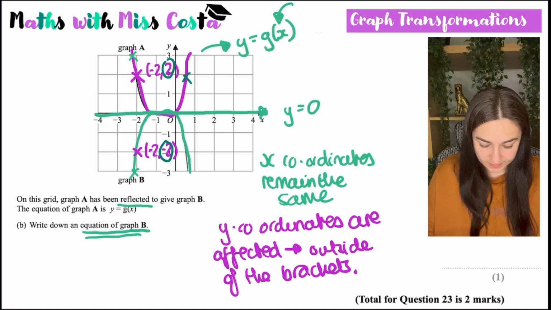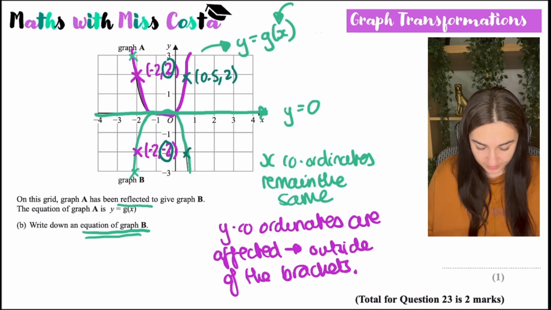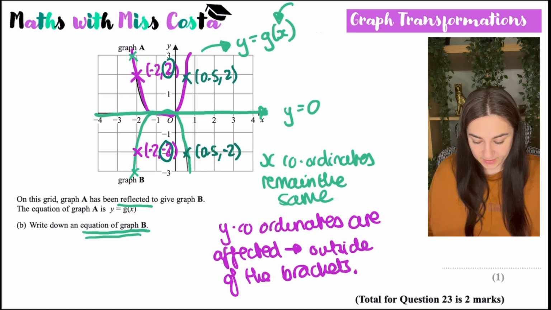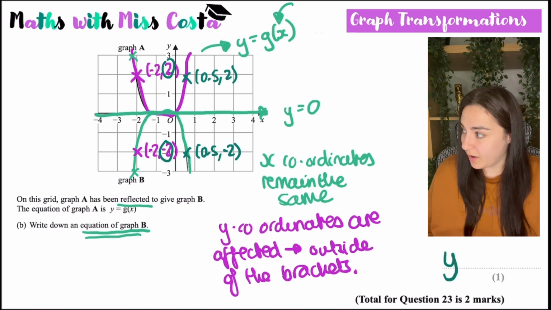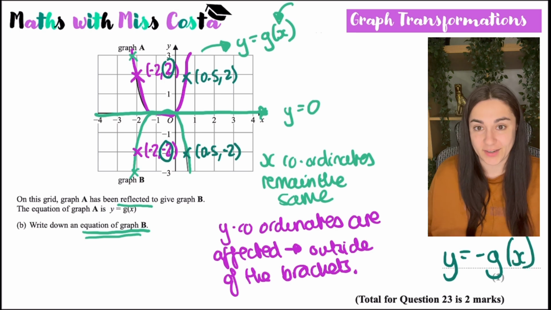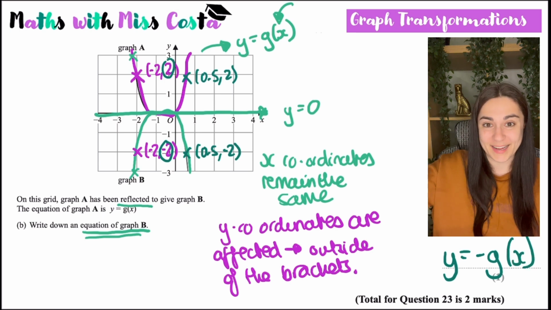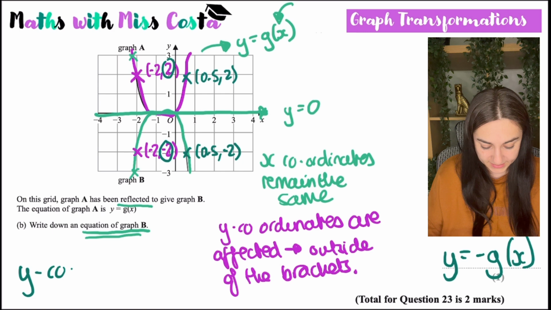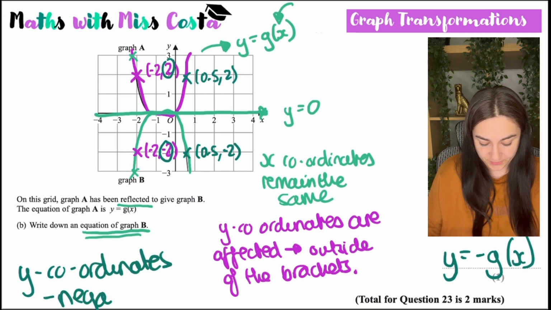Over here, that would be 0.5, 2, and then over here is 0.5, -2. So the equation of the graph is going to be y equals minus g of x, because the graph has been reflected and all of the y coordinates are now their negative versions.